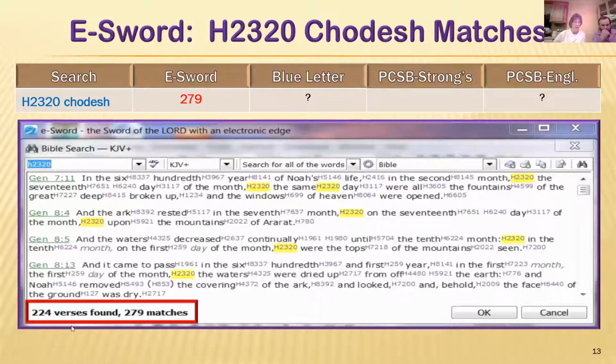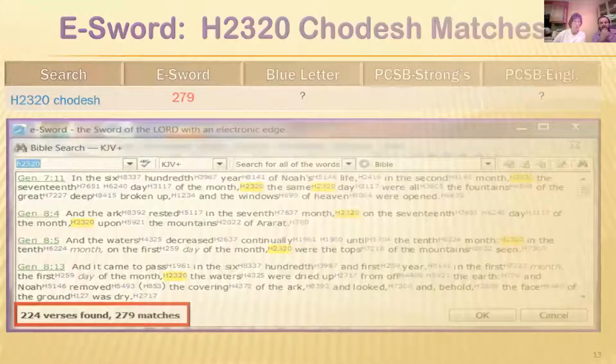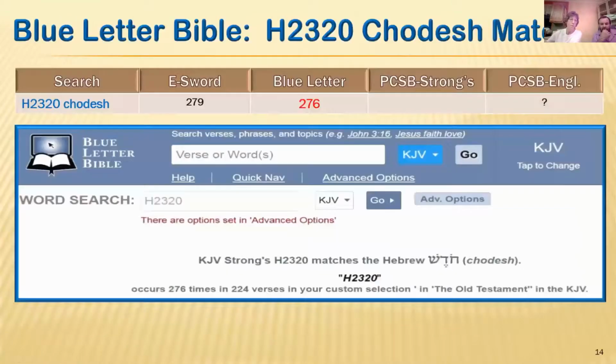So what I did is I put 279 right there under eSword. And of course, it's going to have a whole lot more information as you scroll down. You'll get all 224 verses. Because there could be some people here tonight that don't know how to use these study programs.